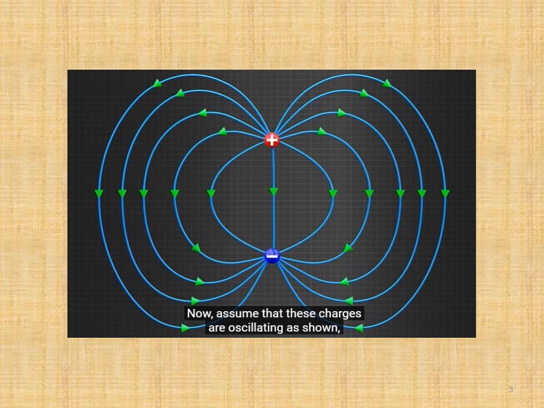Now when this dipole radiates, that means when the distribution of the charges completes one complete cycle of the signal, it will radiate the electromagnetic fields.